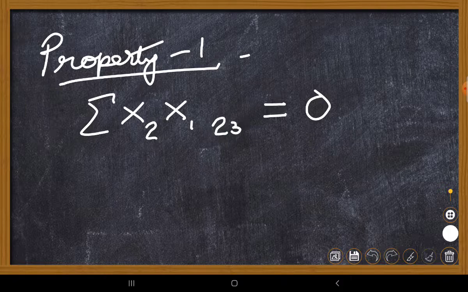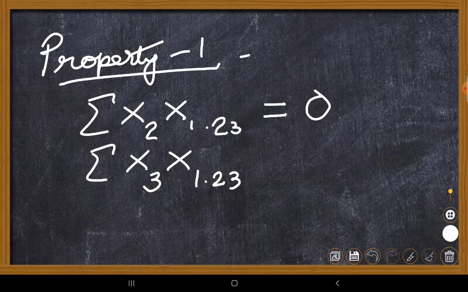Okay, in the same way, suppose you have the sum of the product of x3 into x1.23. Here also this 3 is present in the secondary subscript of the second residual, so this sum of the product will also be equal to 0.